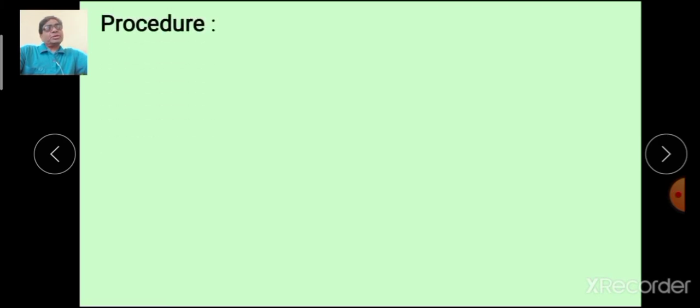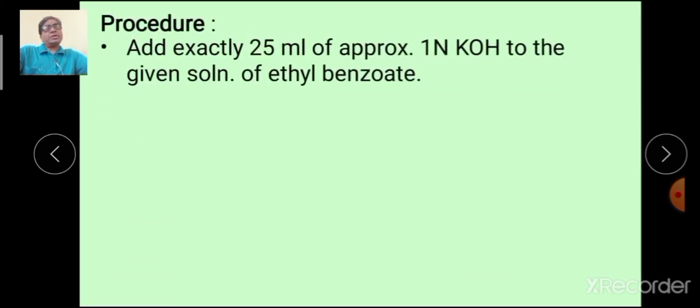The procedure involves, the first point is, as you have been given the ethyl benzoate solution in the flask, to that flask add 25 cubic centimeter of approximately 1 normal KOH solution by burette.